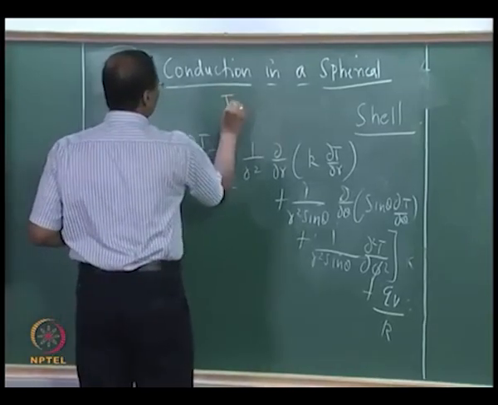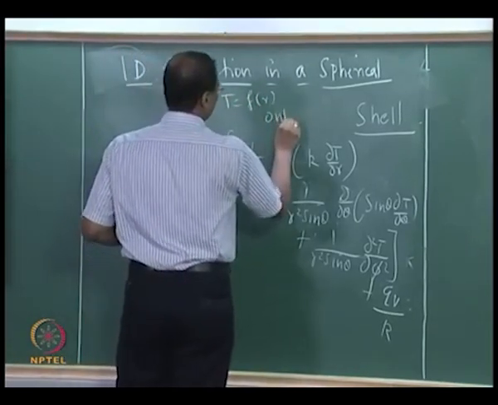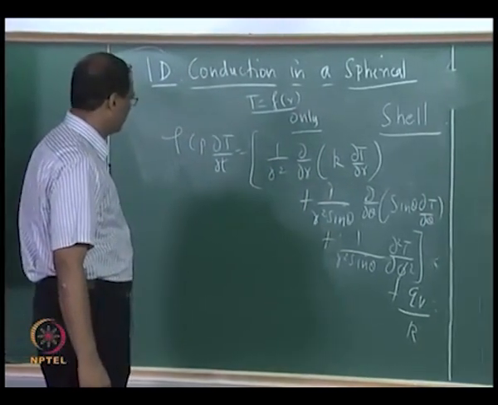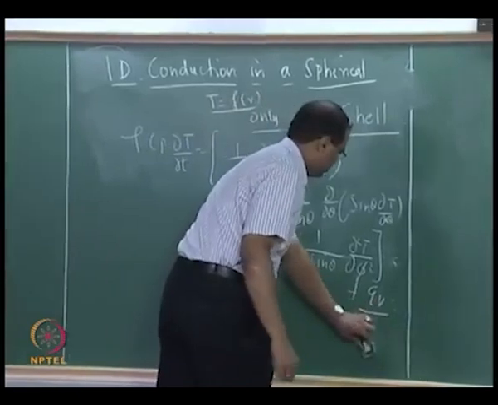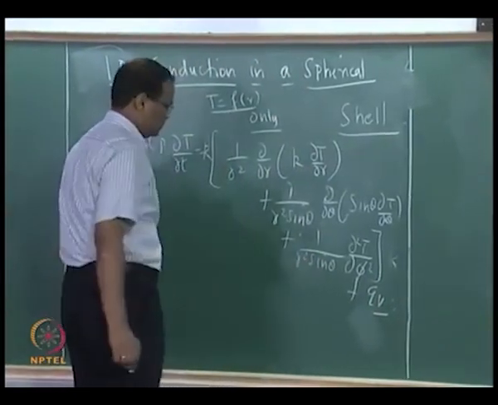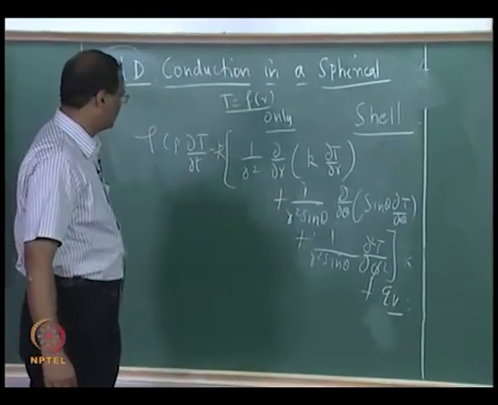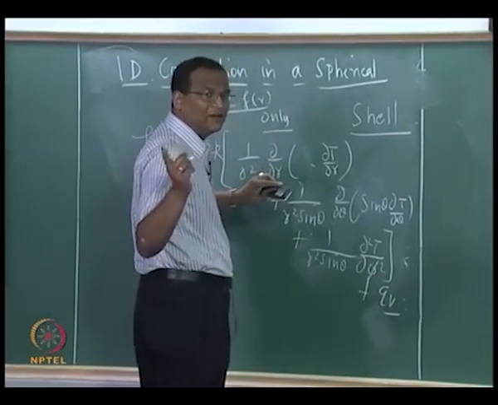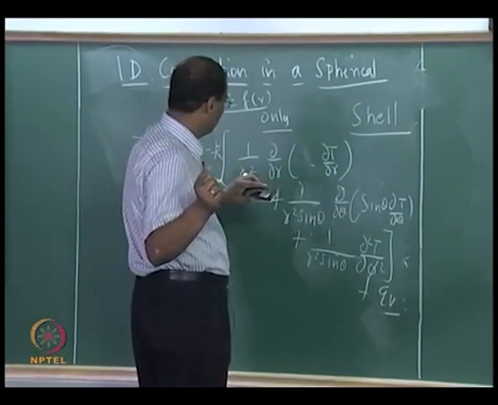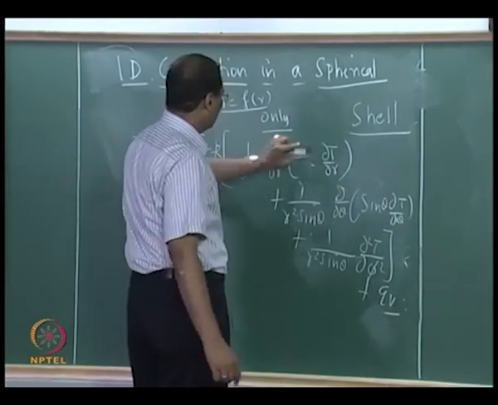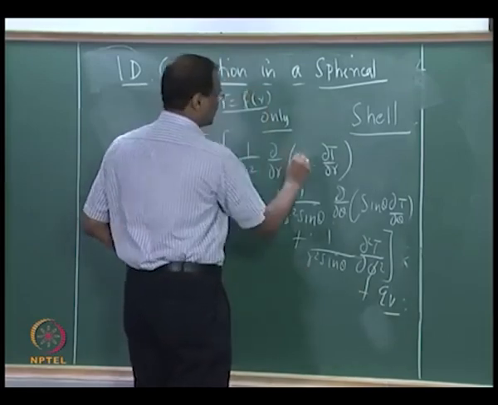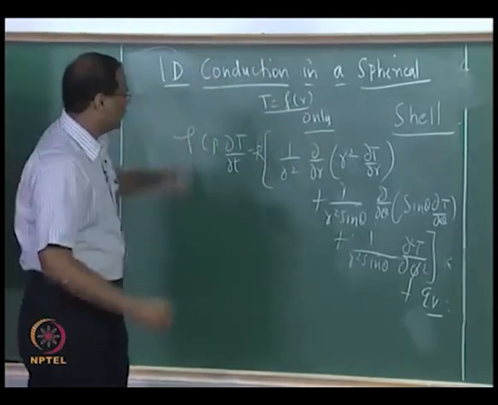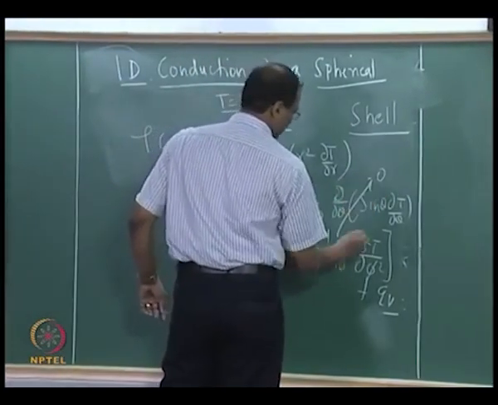So T is a function of r only. We will put a k here. Oh, I have a k there, is it? Then we will take this off. What did we write? No, it's dou by dou r of r square dou T by dou r. K is here, it's correct. T is a function of r only, so this term gets knocked off.